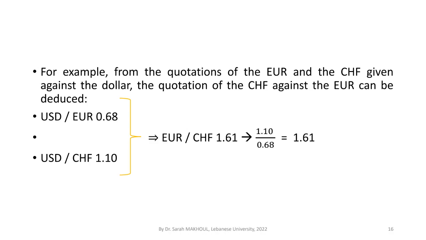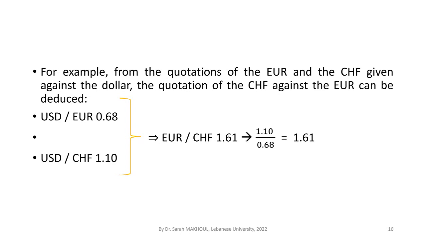So for example, if you know the quotation of the euro and the Swiss franc given against the dollar, the quotation of the Swiss franc against the euro can be deduced. You can deduce the euro quotation for each Swiss franc from the quotation of the dollar.